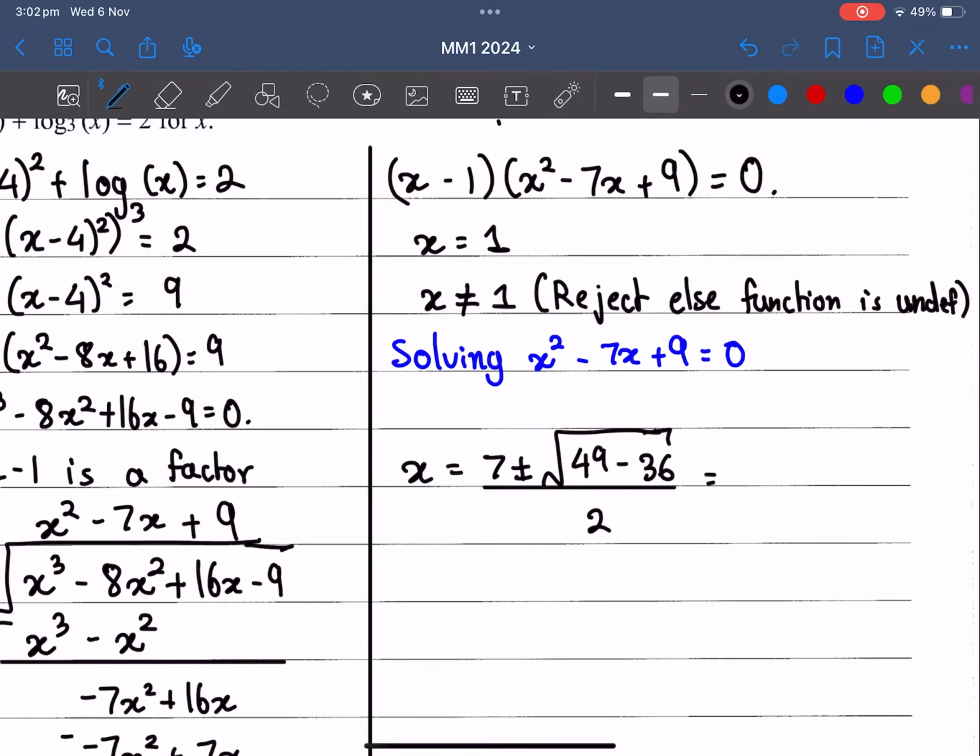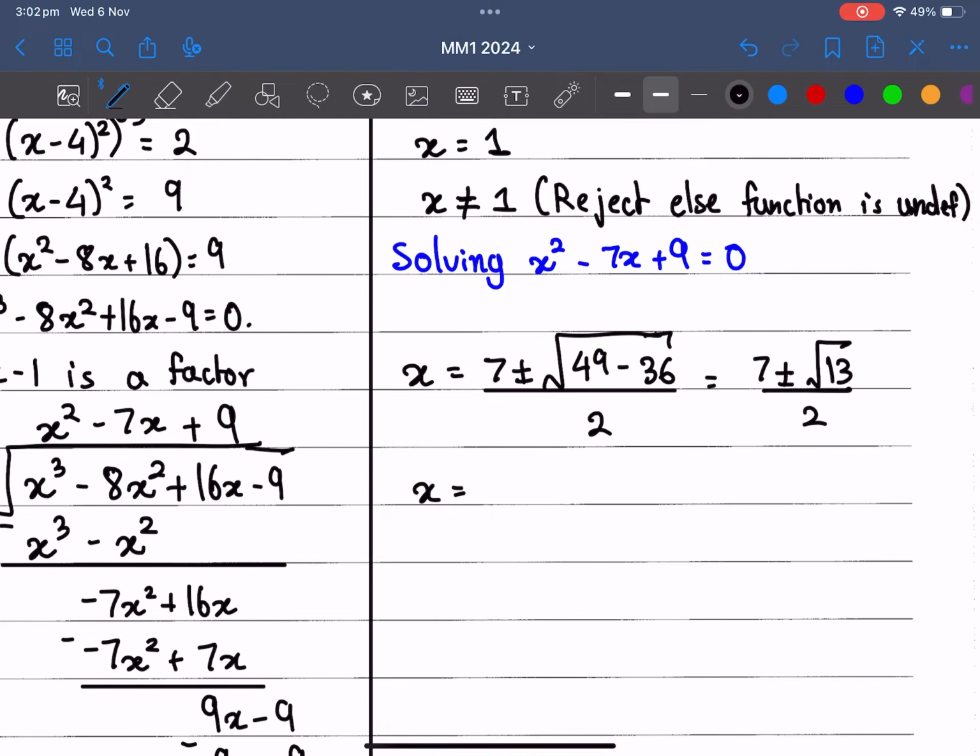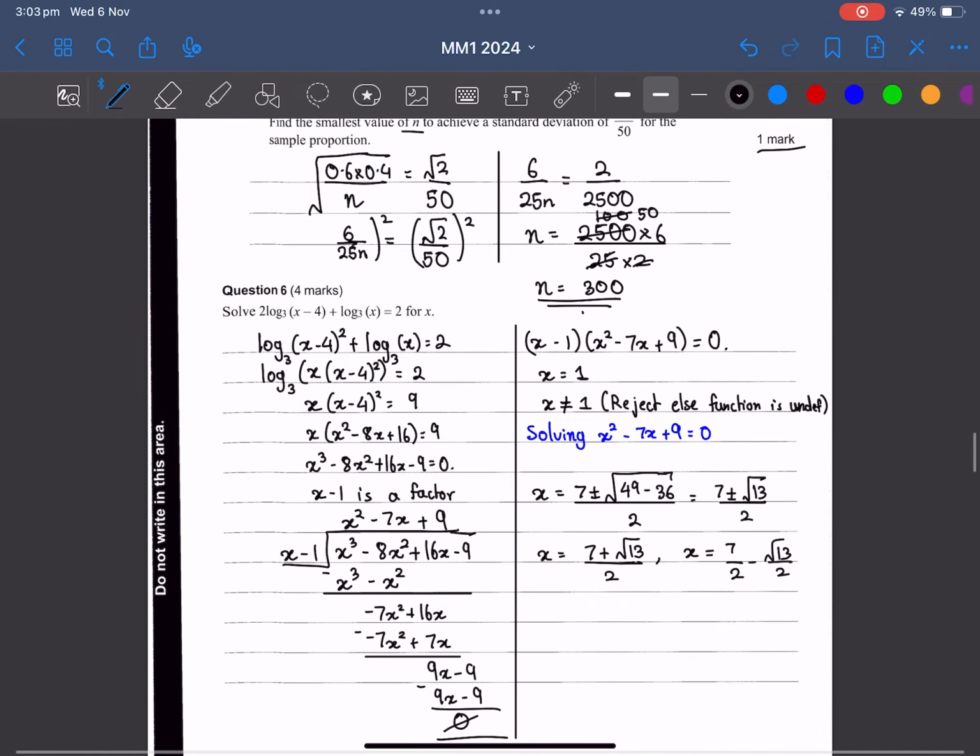That will result in 7 plus or minus the square root of 13 over 2. So our x values are x equals 7 on 2 plus root 13 on 2, and x equals 7 on 2 minus root 13 on 2.